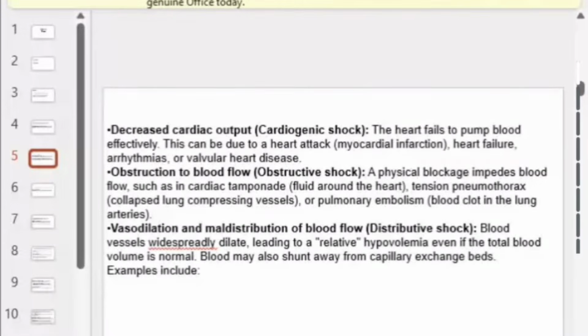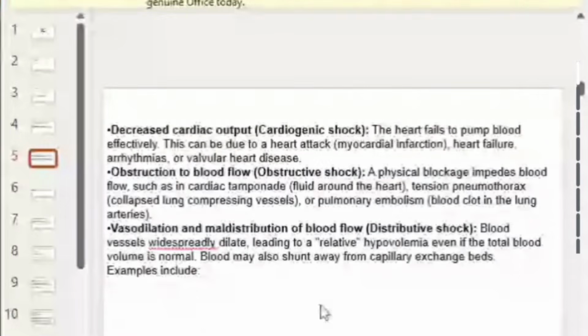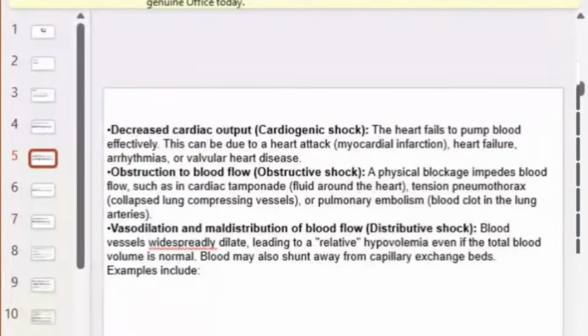Also, it might be due to vasodilation or the maldistribution of blood flow. This condition is called distributive shock, whereby blood vessels widely dilate, leading to hypovolemia, whereby the volume of the blood has decreased, and blood may be shunted away into the capillary exchange beds.